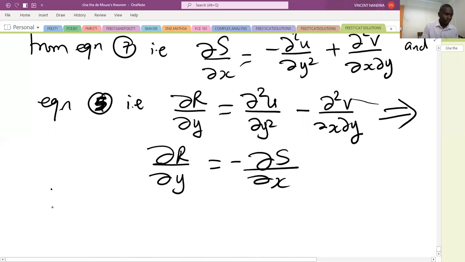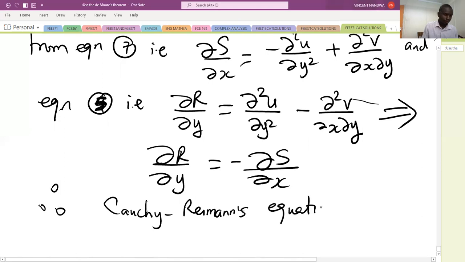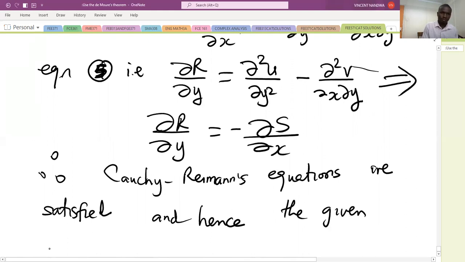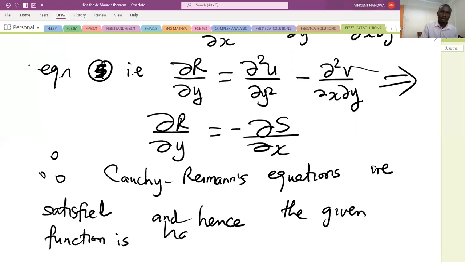So therefore, the Cauchy-Riemann equations are satisfied, and hence the given function is analytic. When the Cauchy-Riemann equations are satisfied, that proves that the given function is analytic.